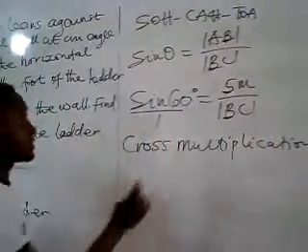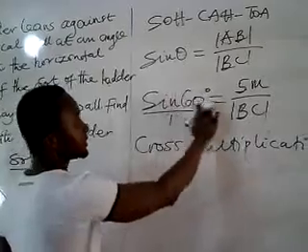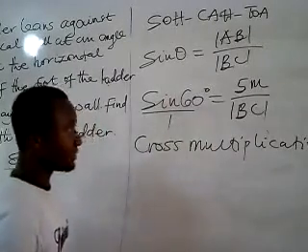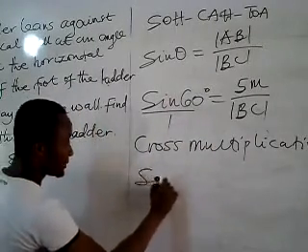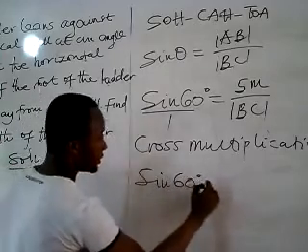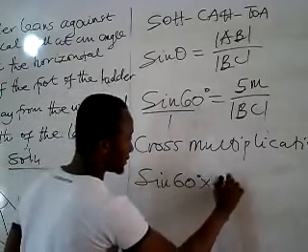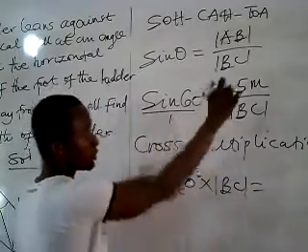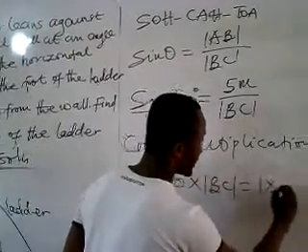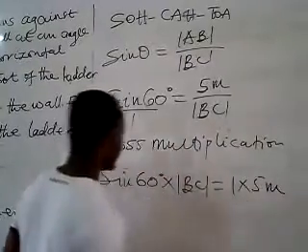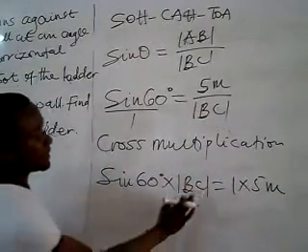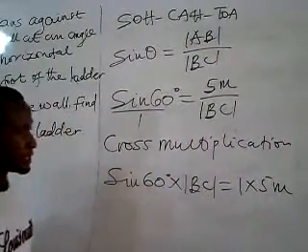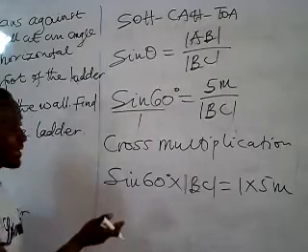In cross multiplication, sine 60 will multiply line BC. So sine 60 degrees times line BC, which is equal to 1 will also multiply 5 meters. Now since we are making BC the subject, we can divide through by sine 60.